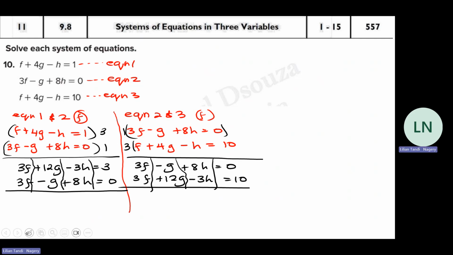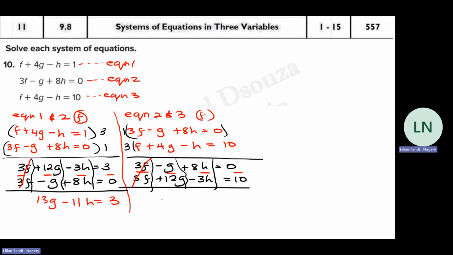Minus, minus, minus, because I want my F to be 0. My F has to be 0. So this is 13G, and this will be negative 11H, not 12, 11. And then this will be 3.